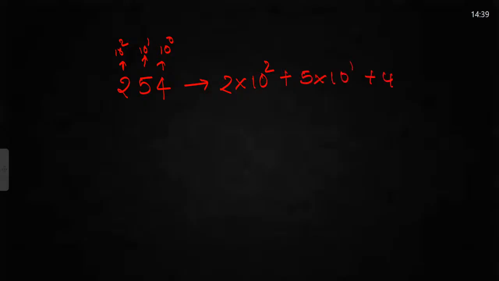If I am saying 254, then that means it is 2 into 10 power 2, plus 5 into 10 power 1, plus 4 into 10 power 0. So that will give me 200 plus 50 plus 4, that is 254.